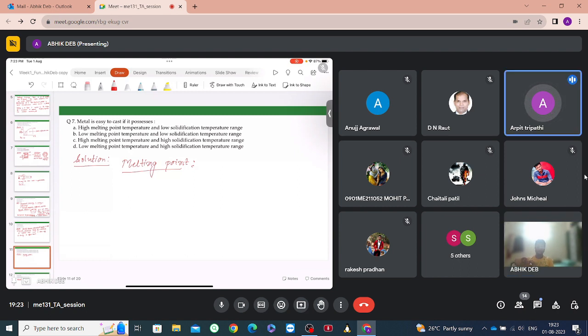On the basis of melting point, which metal will be easy to cast? Higher melting point or lower melting point? Lower melting point. Okay, why lower melting point?